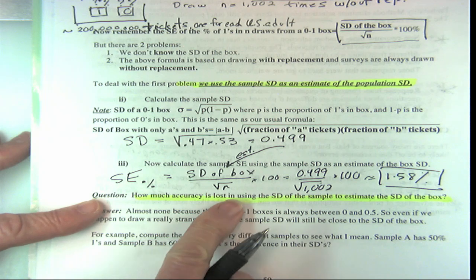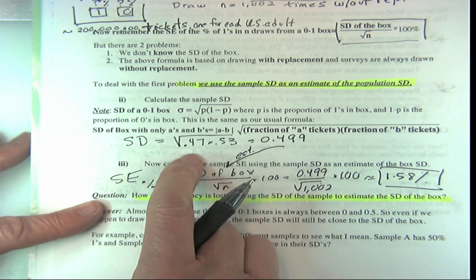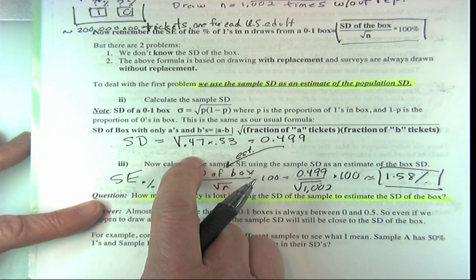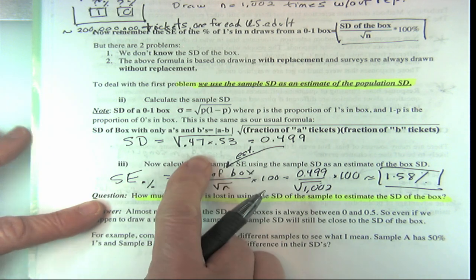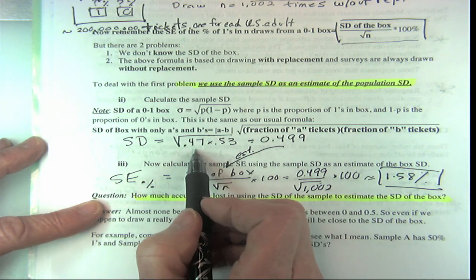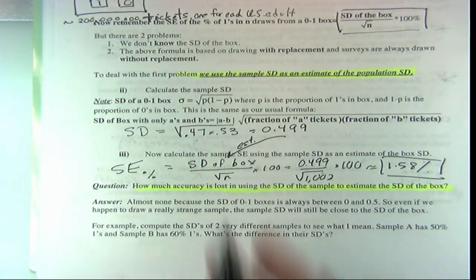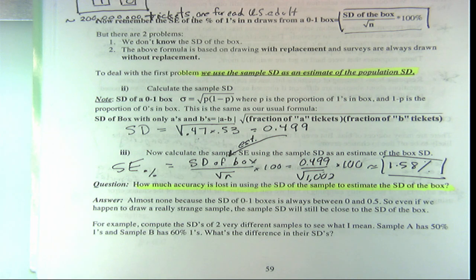We just said 0.47, that's what we put in here. So how much is lost? Well, with the percents, very little is lost. Why? Remember we talked about 0, 1 boxes before?